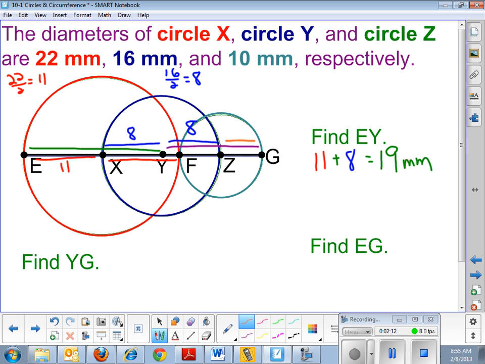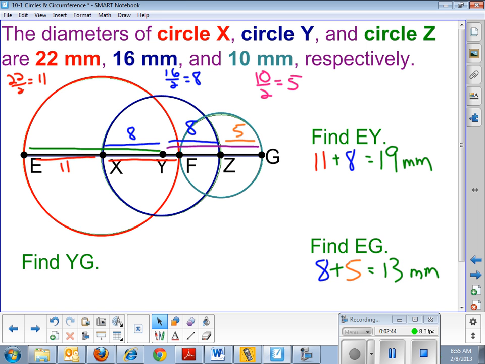Well, that's the radius of circle Z. And if I look back, it tells me that the diameter of circle Z is 10, which is going to tell us that the radius of circle Z is 5. Well, I should be able to calculate now the length of segment YG. I can take my 8, add on my 5, to get my grand total of 13 millimeters.